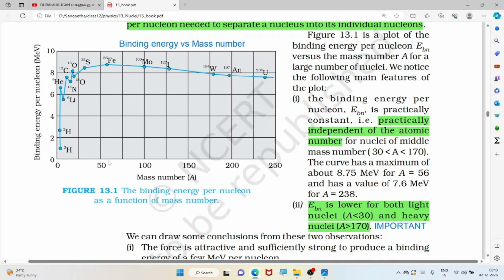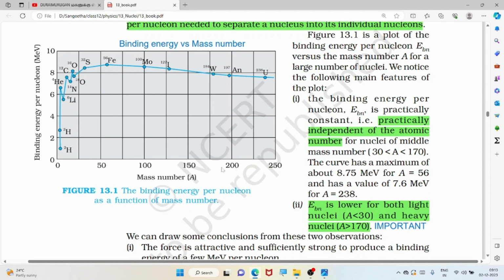This curve is atomic mass number versus binding energy. The curve differs when A is less than 30 and greater than 170. When A is less than 30, around here, the binding energy is less.